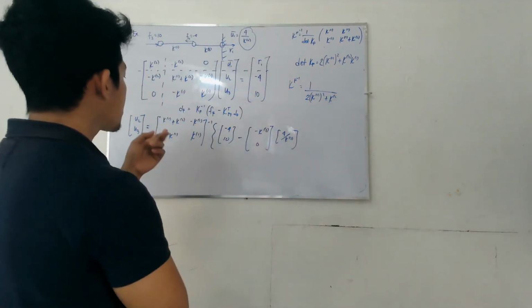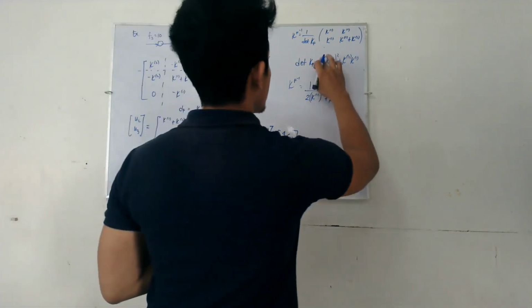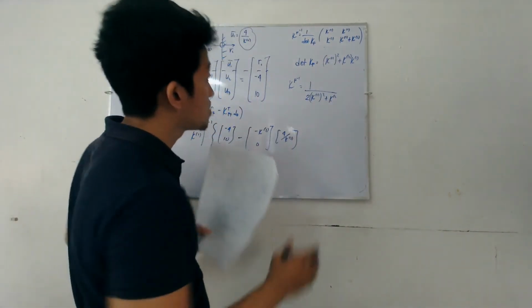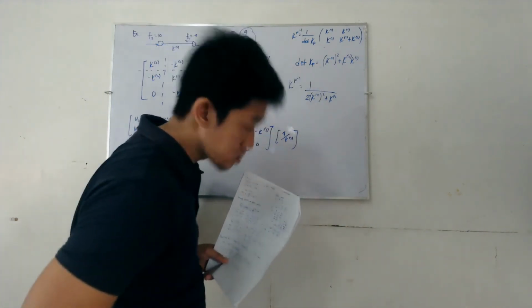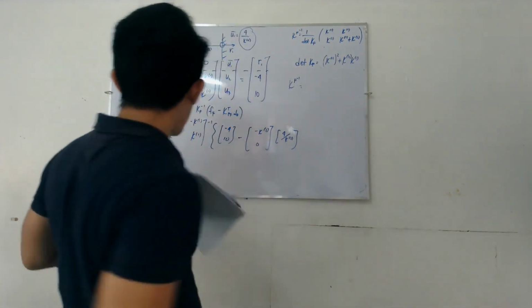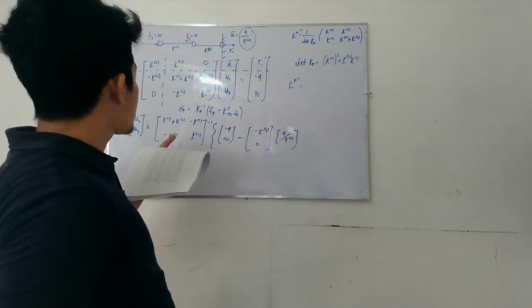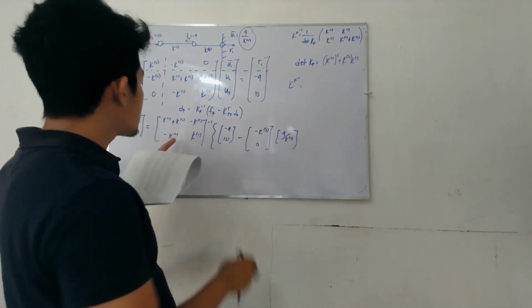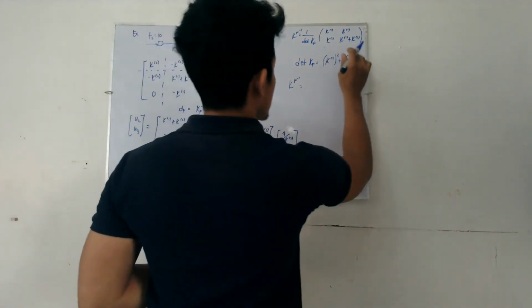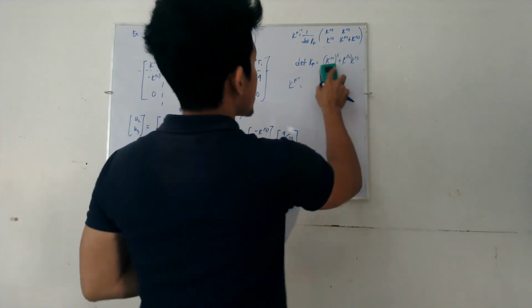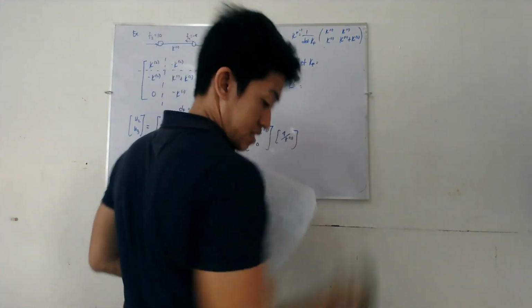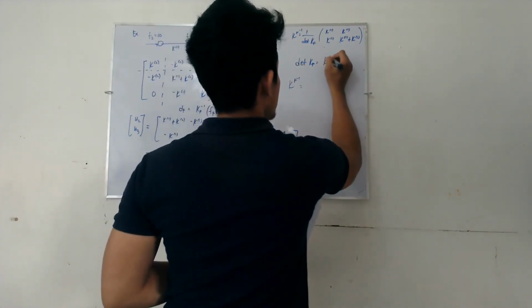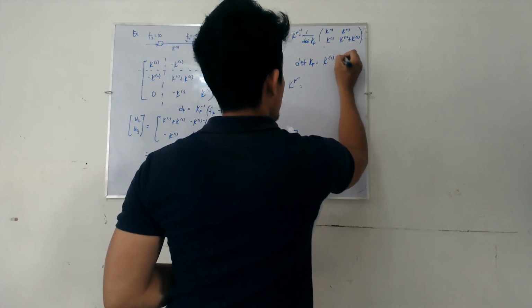Tama ba? Ay, minus diay. Ay, no. Not 2. Minus actually kay times man ni times minus. So, ang determinant niya is K2 K1.